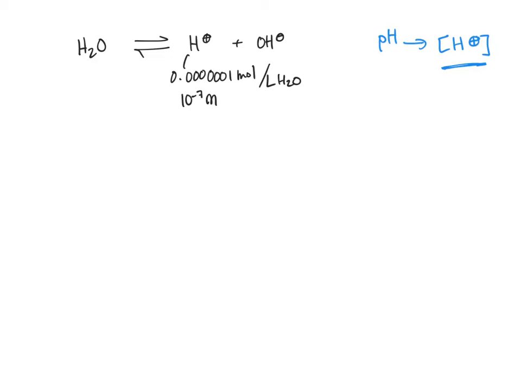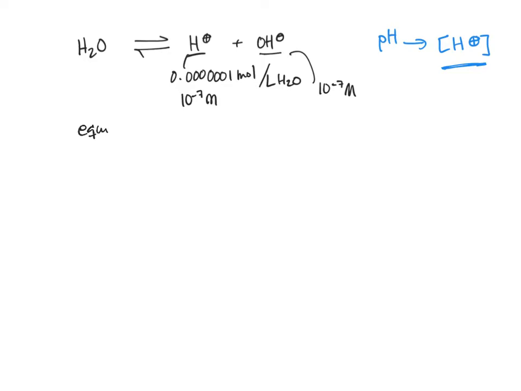And because the proton came from part of a water molecule, the other part of the water molecule must also be found at a concentration of 10 to the minus 7th molarity. Let's use what we know then about water and its dissociation to think about equilibrium a little bit.